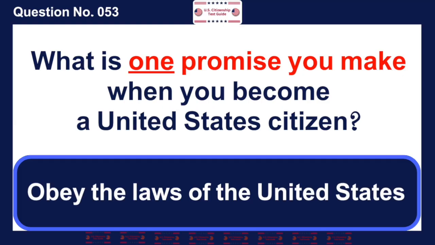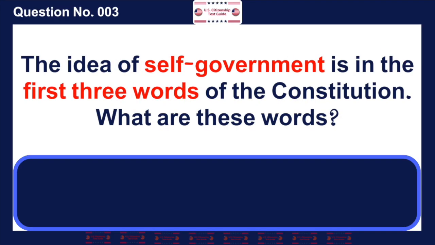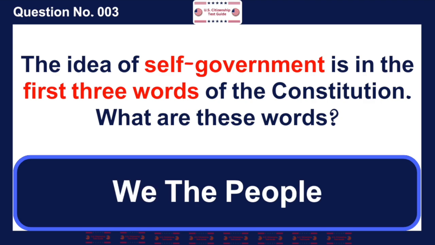Obey the laws of the United States. The idea of self-government is in the first 3 words of the Constitution. What are these words? We the people.